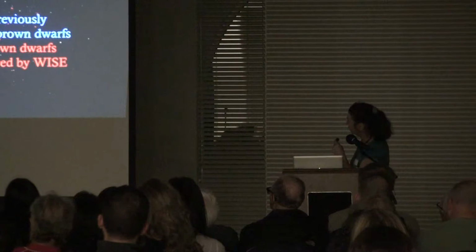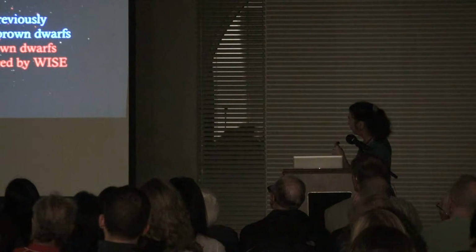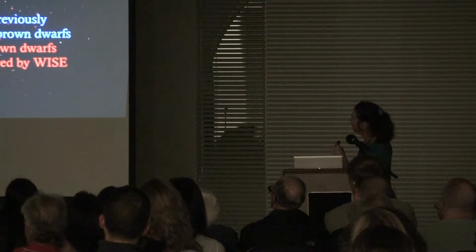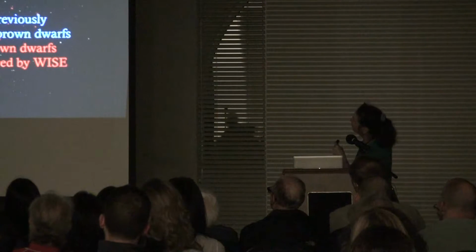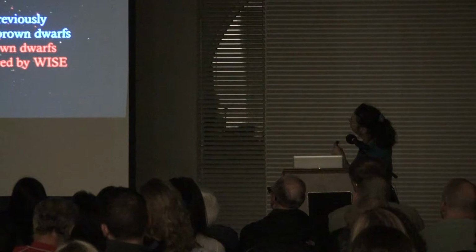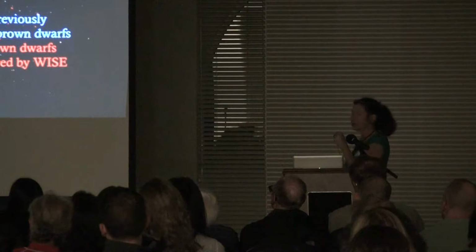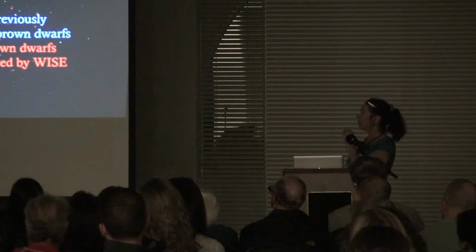And this shows you an image of our own solar neighborhood with the sun at the center. In blue circles are previously known brown dwarfs in our solar neighborhood, meaning within 8 parsecs, or of order 25 light years.